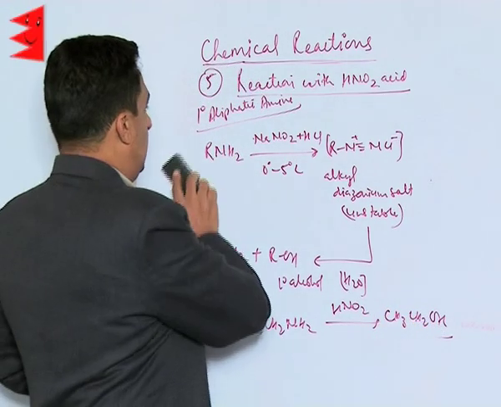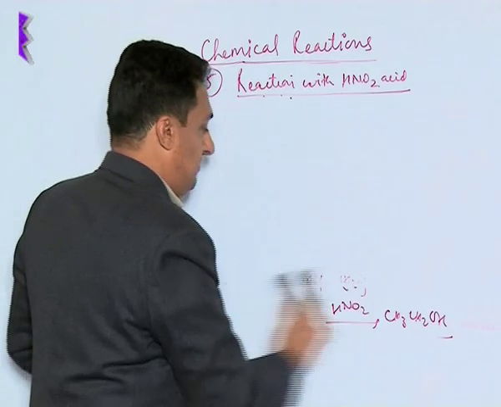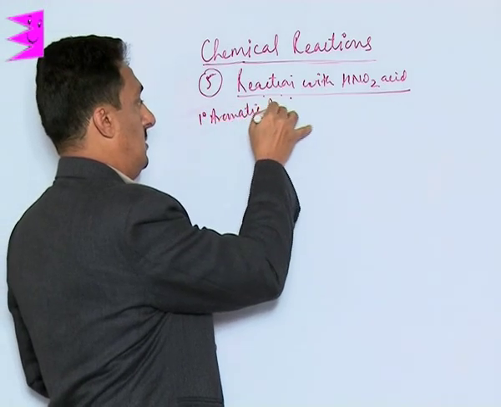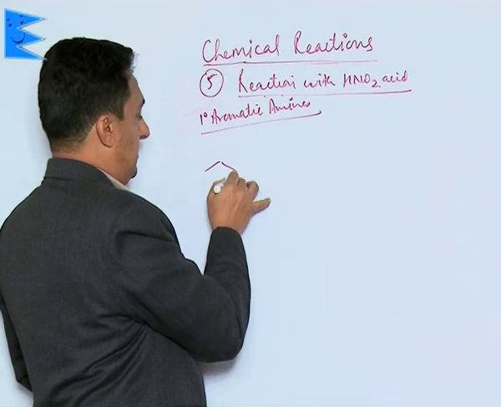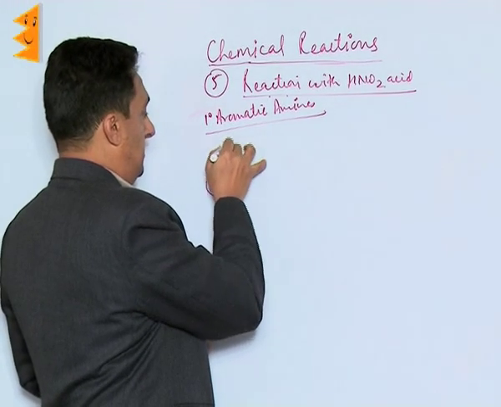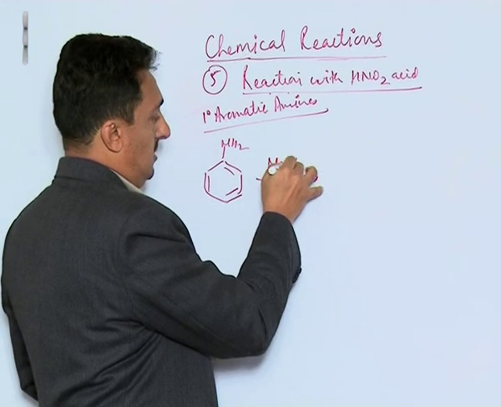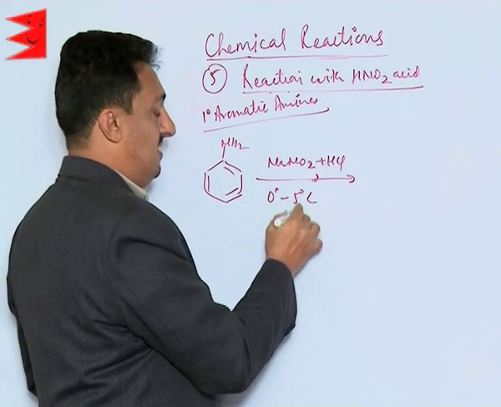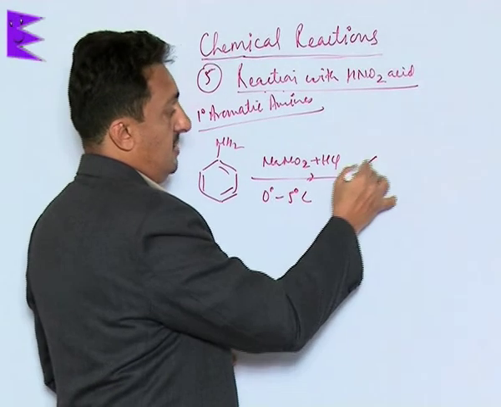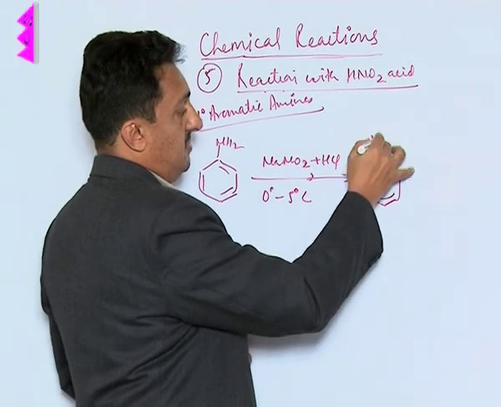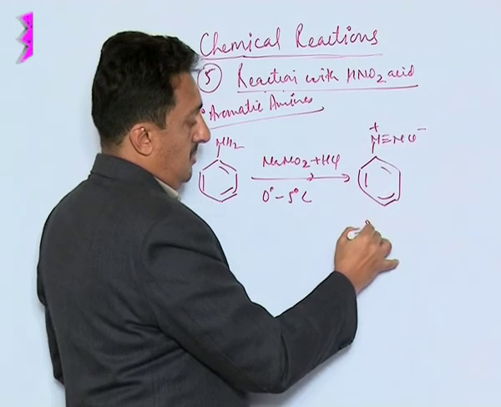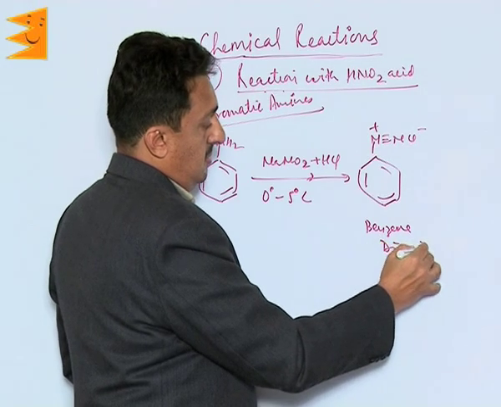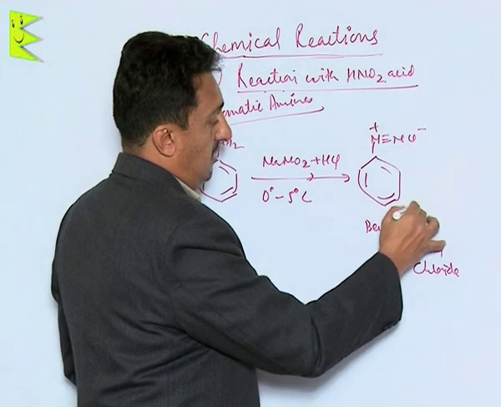Whereas the primary aromatic amines like this one, aniline, when reacted with NaNO2 HCl at 0 to 5 degrees Celsius, we call it ice cold conditions, it results in the formation of benzene diazonium chloride called BDC.